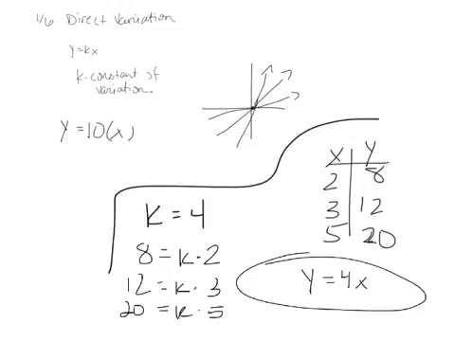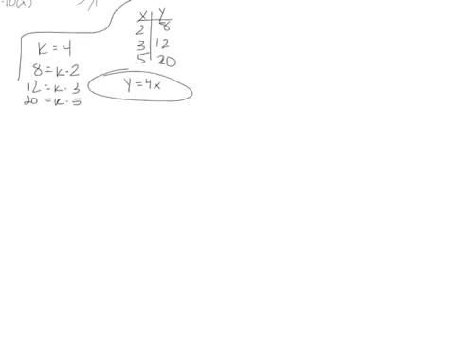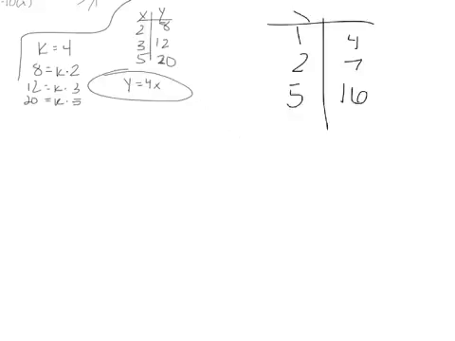All right? Now I'm going to give you another example, and I want you to see if you can figure out a constant of variation for this one. So let's put this over here. Go ahead and try this example here.